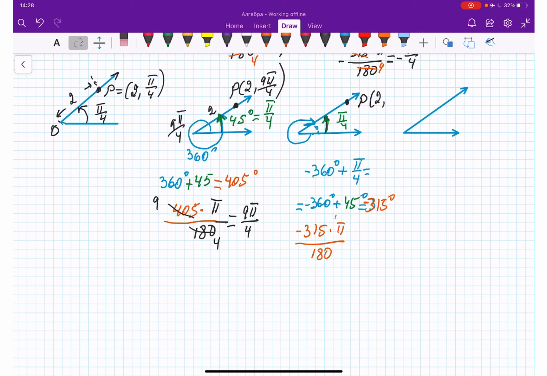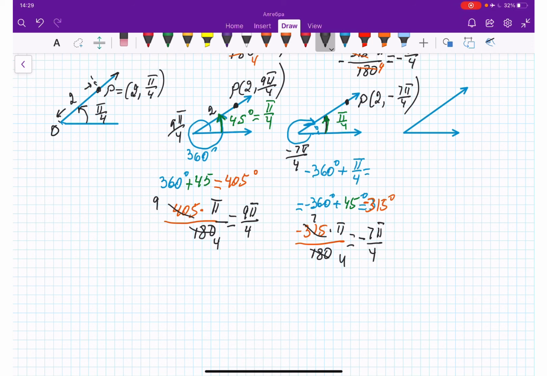Now let's see how much we get. We can reduce by 45 degrees. This is going to be 7 and this is going to be 4, and the result is negative 7 pi over 4. That is going to be the next coordinate for the point P.